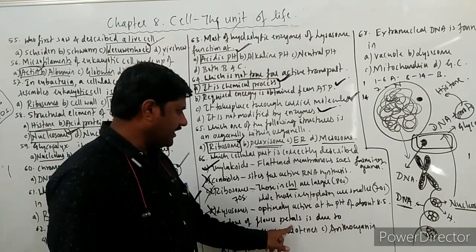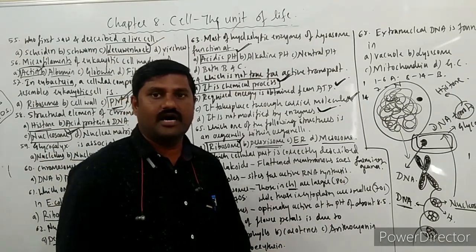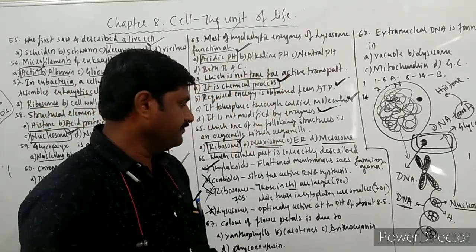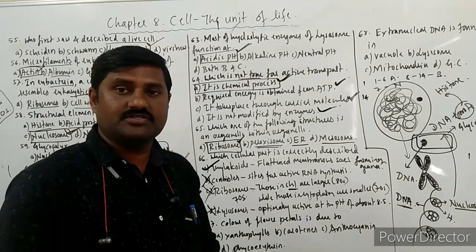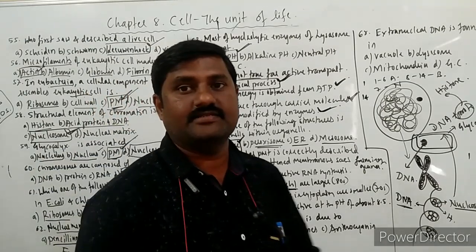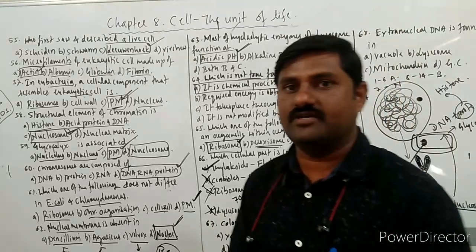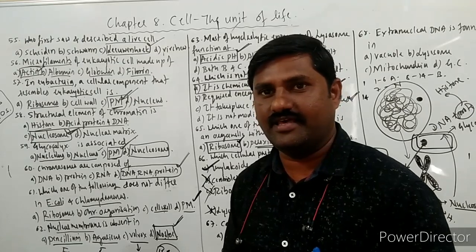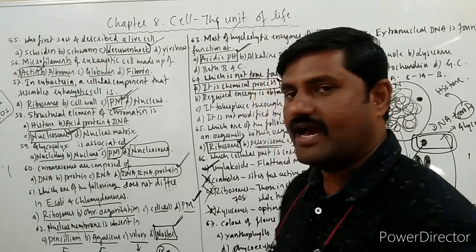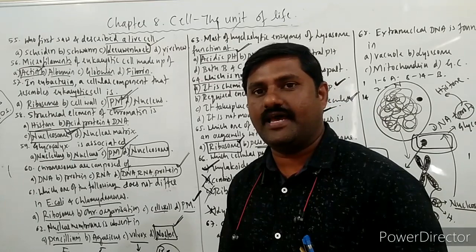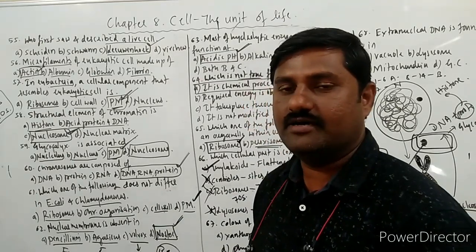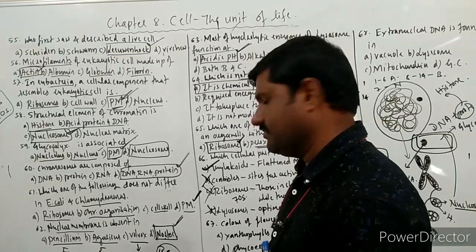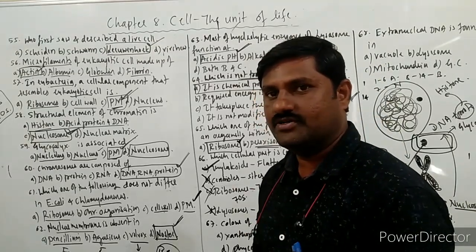Color of flower petals is due to? Already we have studied the different types of pigments, and especially in case of vacuoles, some of the pigments are present there, and those pigments are responsible for the color of the petals. There I had explained, right? They are anthocyanin, the pigments present and responsible for the coloration of the petals, right?